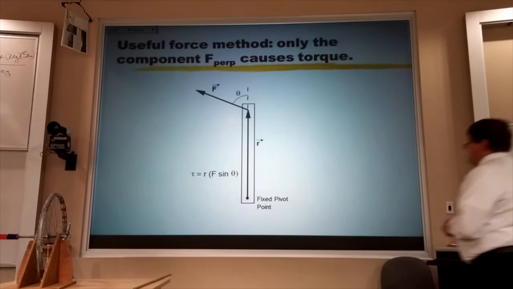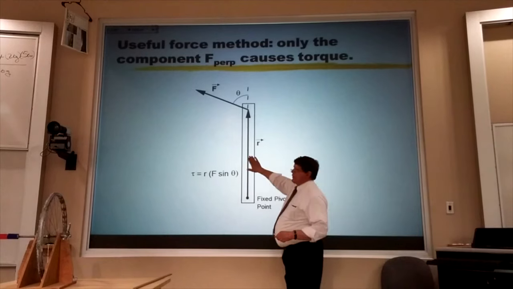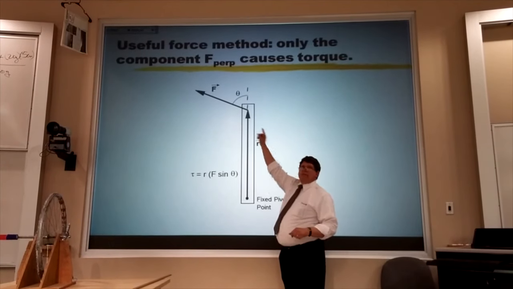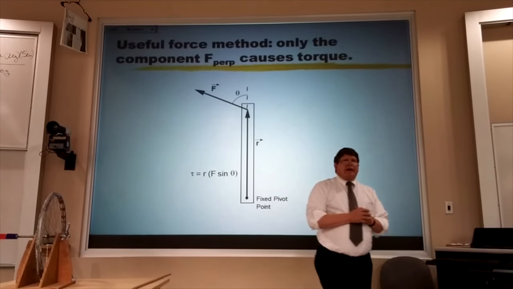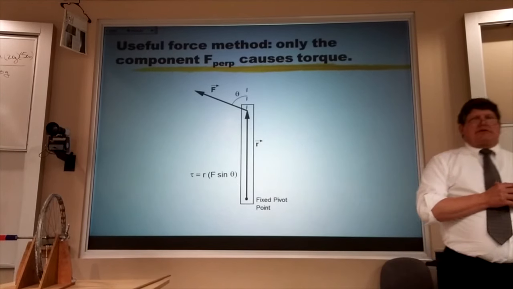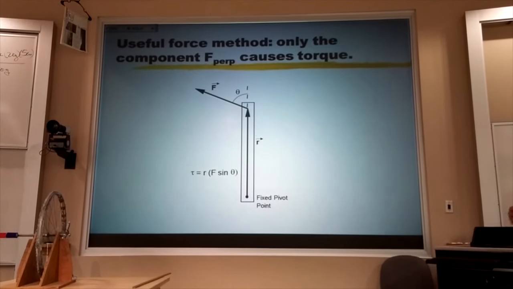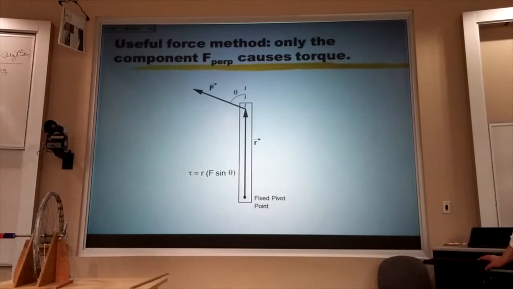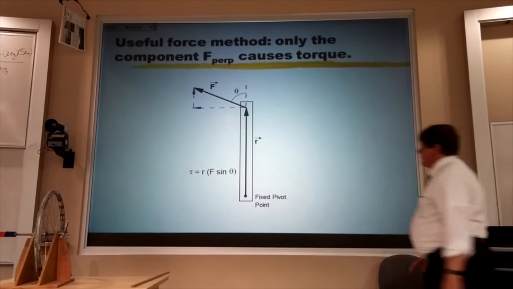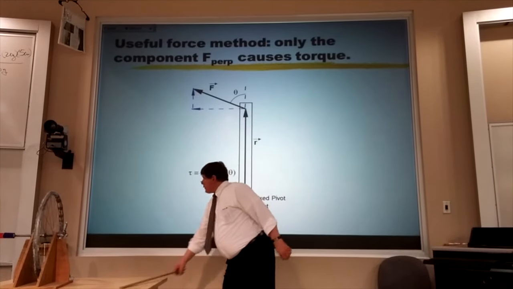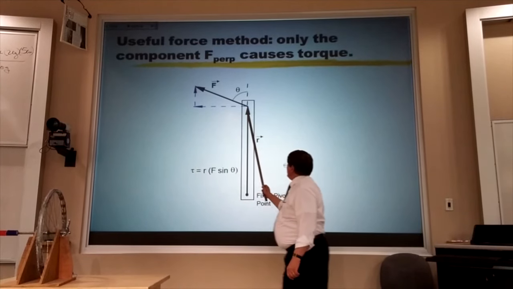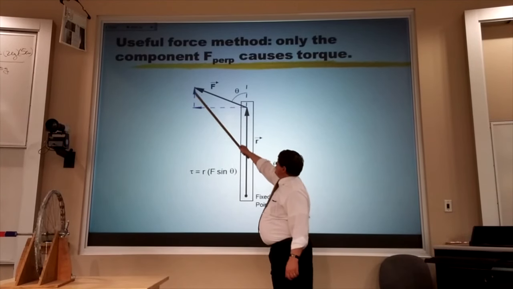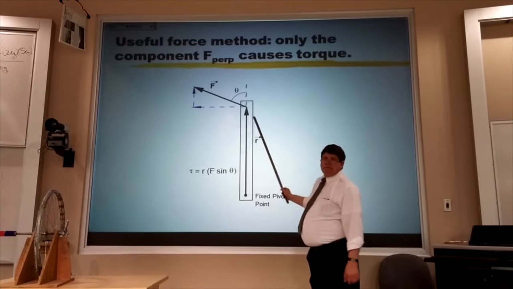We use in this method all of the position vector, but only the part of the force that is perpendicular to that position vector. We break up that force into two components, one that is perpendicular to this r vector, and one that is parallel to this r vector.